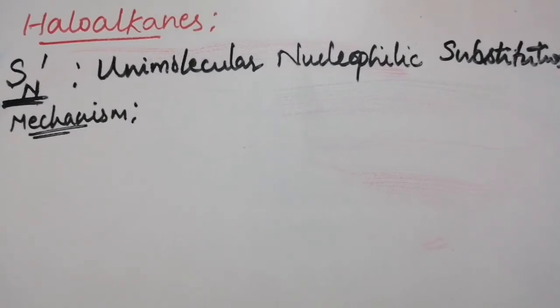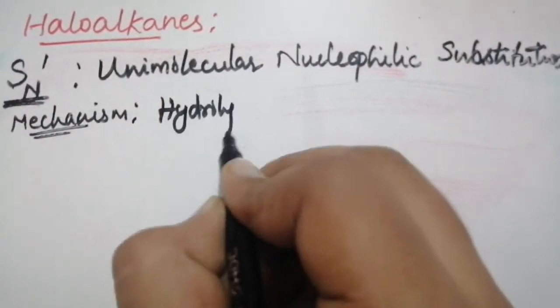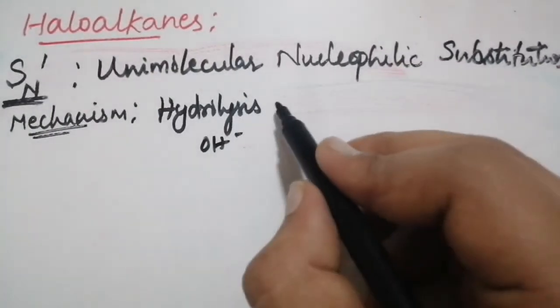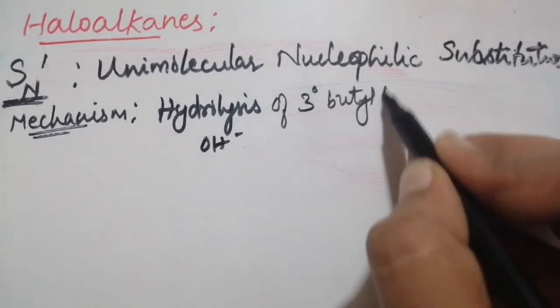How does it undergo? For example, I have the hydrolysis of tertiary butyl chloride, hydrolysis meaning adding OH minus. Hydrolysis of tertiary butyl bromide.